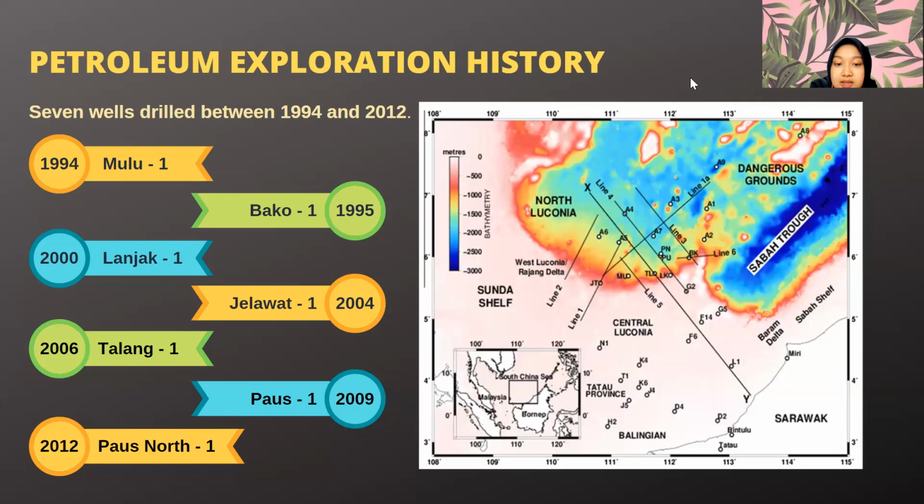The second is the Bako-1 well in 1,112 meters, with excellent quality sands but it was dry. And the third is the Lanjak-1 well down to 2,721 meters depth, and that well found very low quality sand with some gas shows.